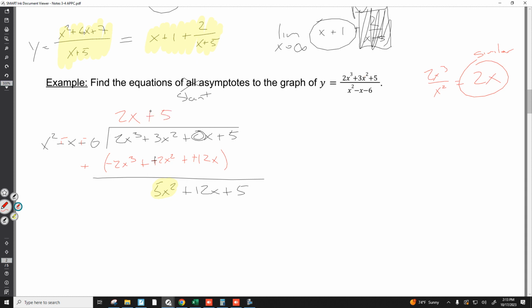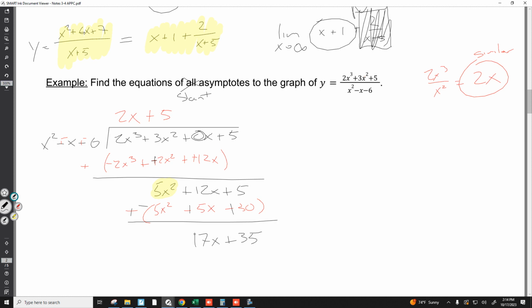Plus 5 times x squared, 5x squared, plus 5 times negative x, negative 5x, plus 5 times negative 6 is negative 30. Subtract that quantity. Don't make mistakes. By not distributing the negative, you get 17 x's and 35. You guys get that? Okay, good. I got positive 17 x's plus 35.